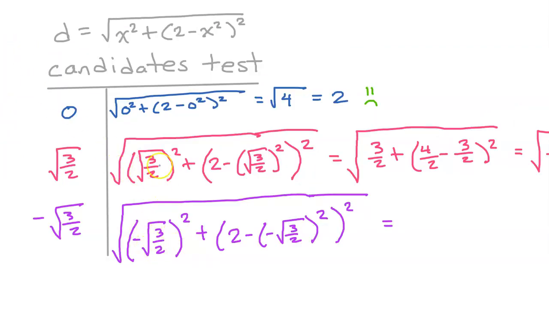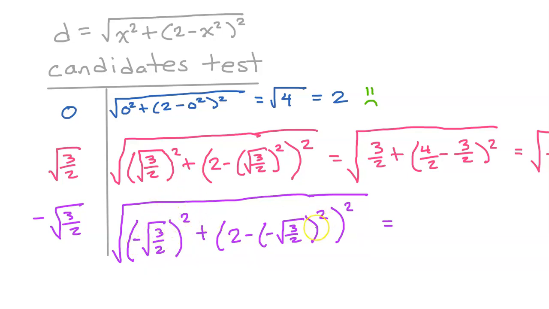Yeah, so here's how we can use our previous work to make this shorter. Notice that as we make the one change, the square root of 3 over 2 is now negative. But in each case, the negative radical 3 over 2 is being squared anyway.